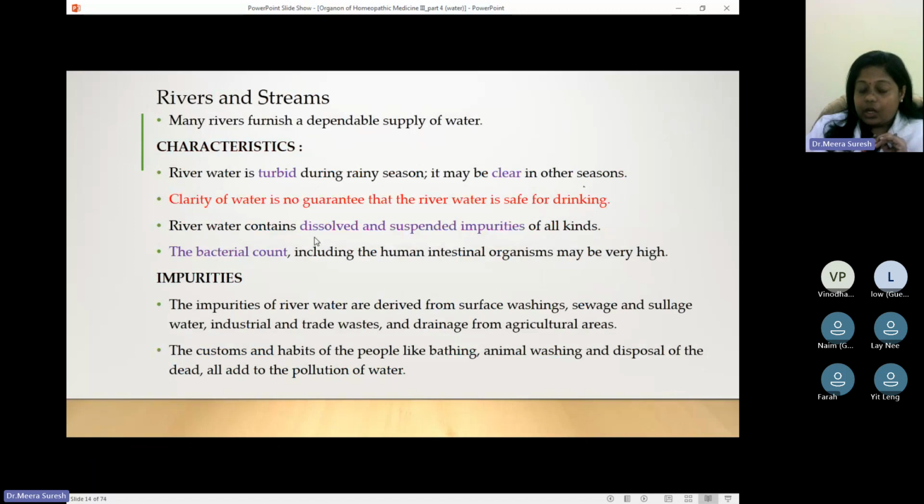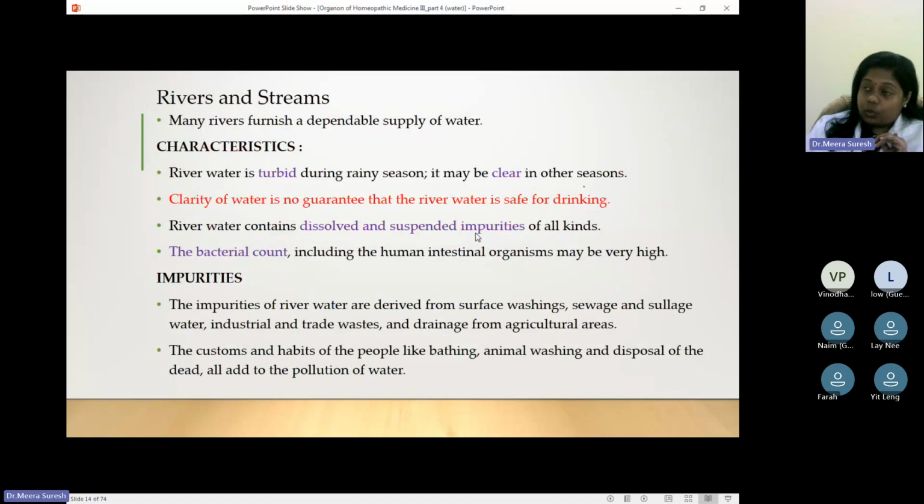River water will contain all the dissolved and suspended impurities. The bacterial count, including human intestinal organisms, may be very high. Why? When people go swimming in the river, they may tend to pass urine or even defecate near the water or the river bank area.